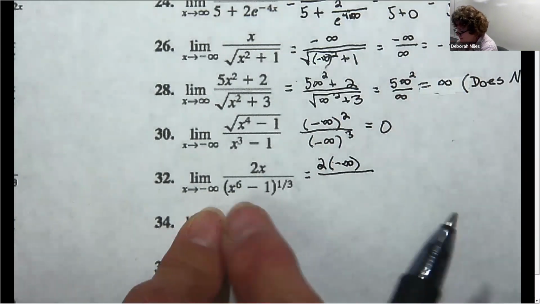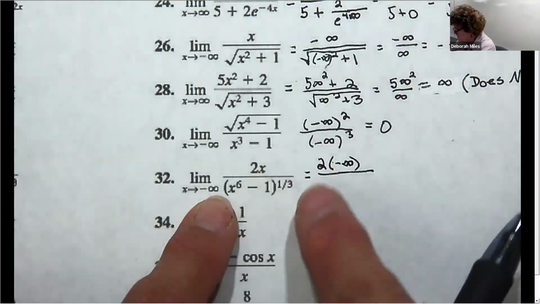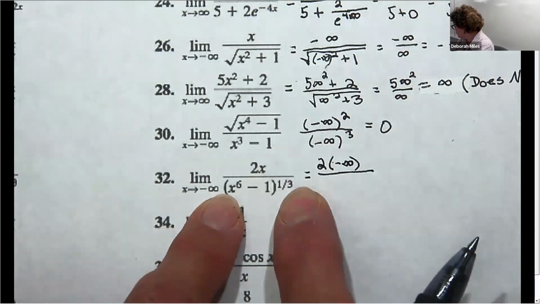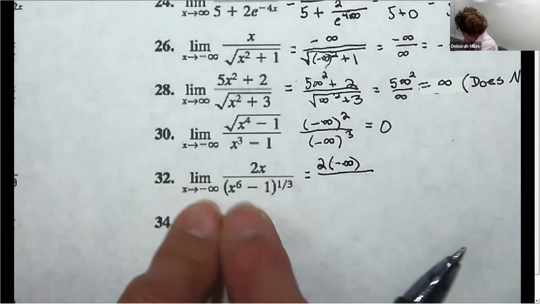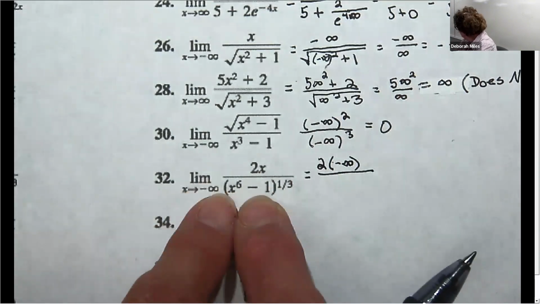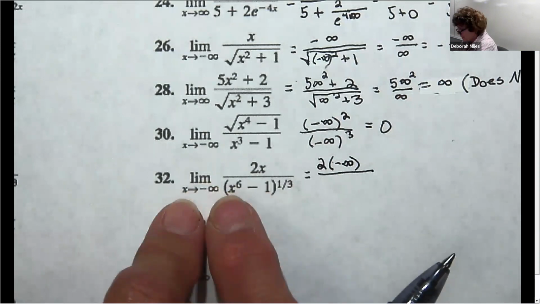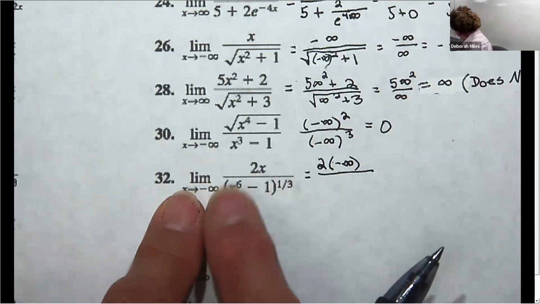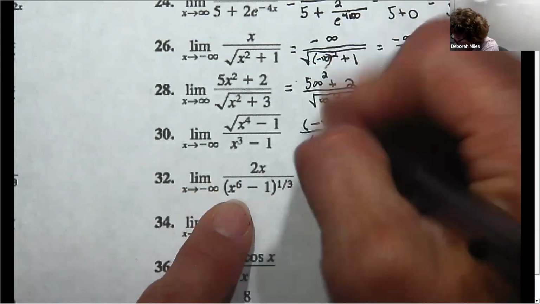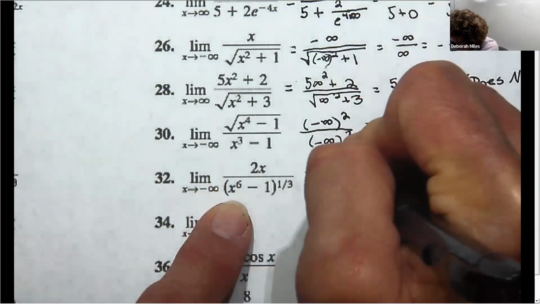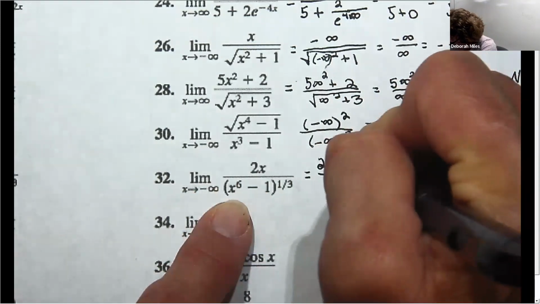If you raise something to the 6th power and then to the 1/3 power, that's the same as squaring it. Technically, you cannot distribute 1/3 through a sum or difference, but by the time I've raised a bazillion to the 6th, subtracting 1 is not going to make much difference. So that's just negative infinity squared.